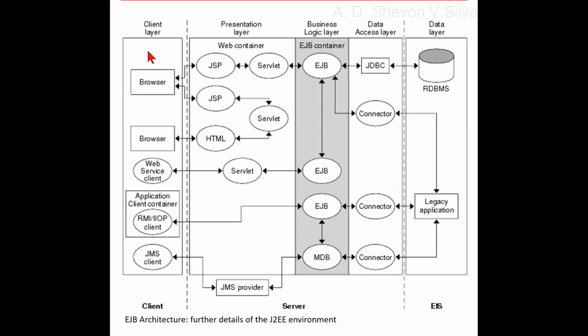Here you can see the client layer. Browsers and web service clients, application client container, and JMS clients are inside the client layer. JSP, servlets, and HTML are inside the web container, which is the presentation layer.